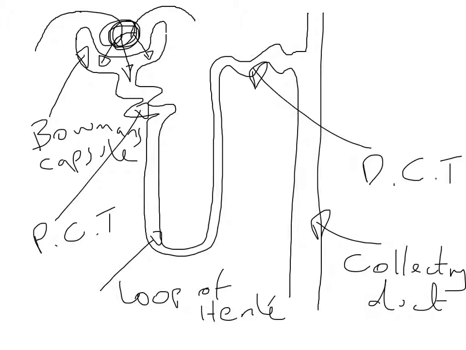The only things that remain in the blood are larger proteins and cells. So, inside the filtrate, in the Bowman's capsule, we've got a lot of smaller molecules.